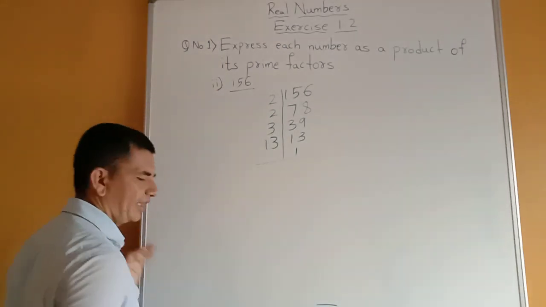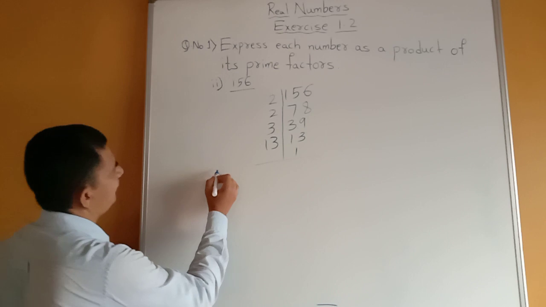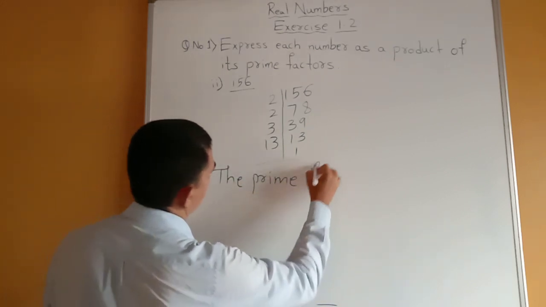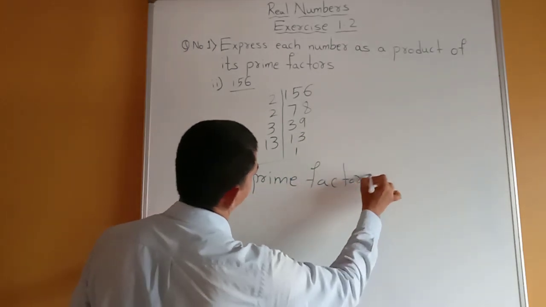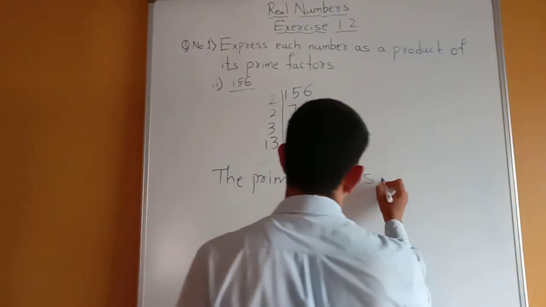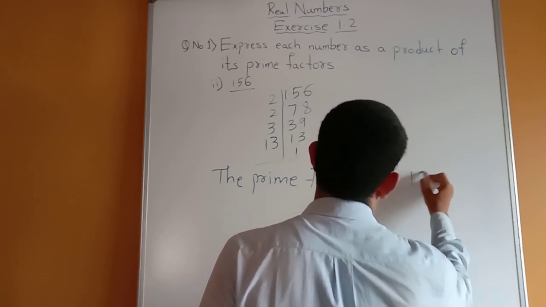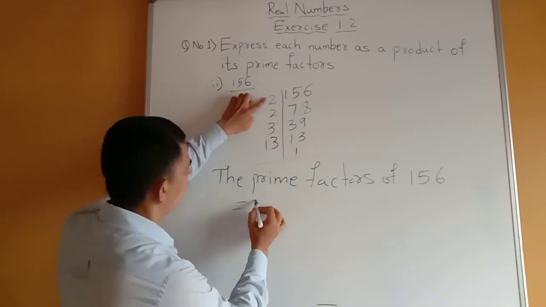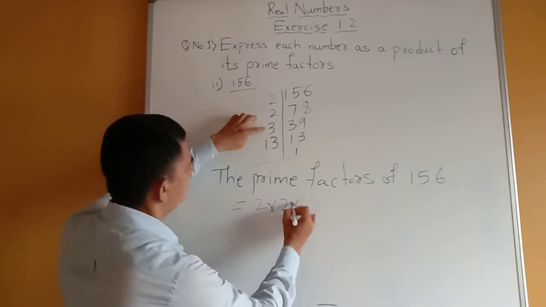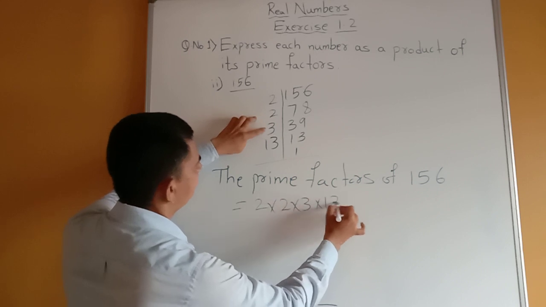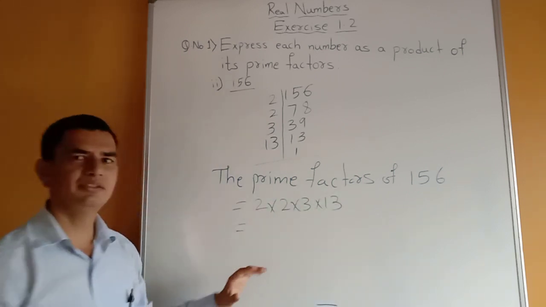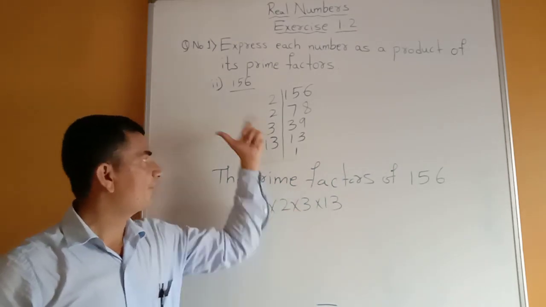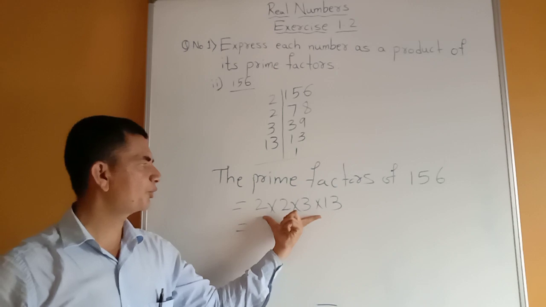Now again you can write here at the end the prime factors of 156 is equal to 2 into 2 into 3 into 13. Okay, friends, observe carefully the factors which came here, the same factors we have to write here.